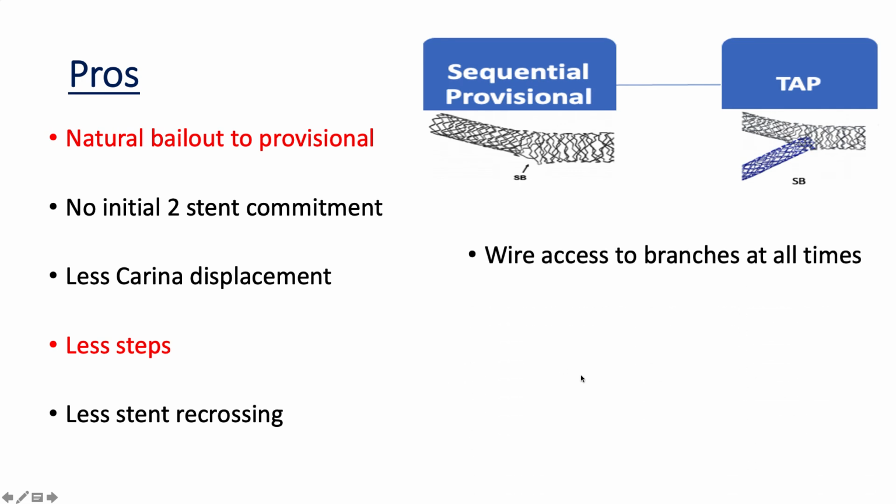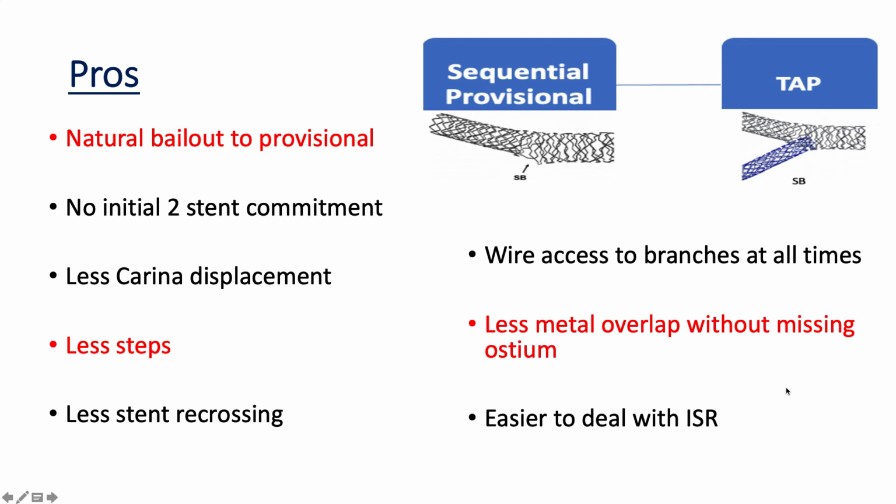You just have to recross once, and you always have wire access to the branches, which is different than a DK crush technique. And one of the biggest advantages is obviously less metal overlap, no crush segment, no unnatural stent configurations, and all of that without missing the ostium.